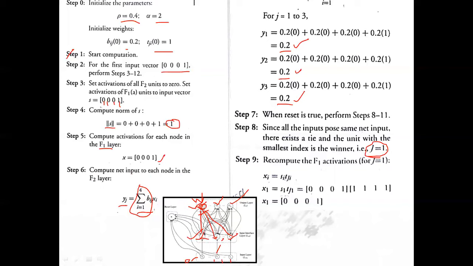So for this case, for the first pattern, the input was this 0001, and the weights associated with, or you can say for t of 1, when cluster number 1 is the winner, the weights connected to the first cluster, which are the top-down weights, are to be found.